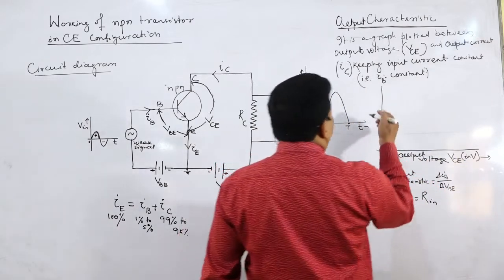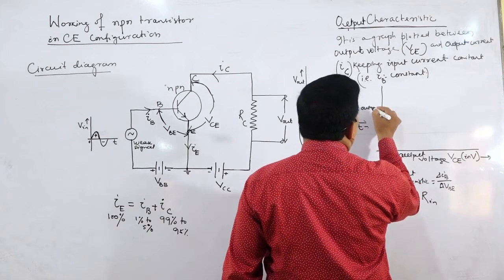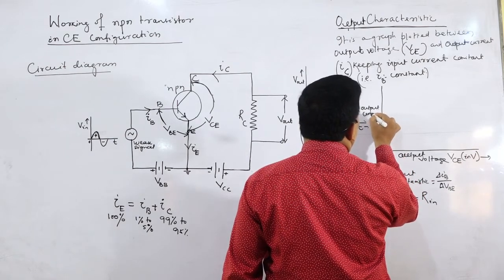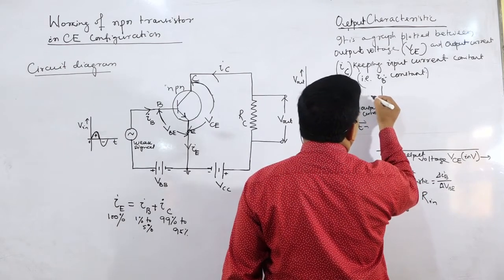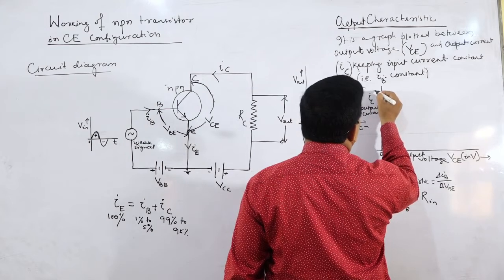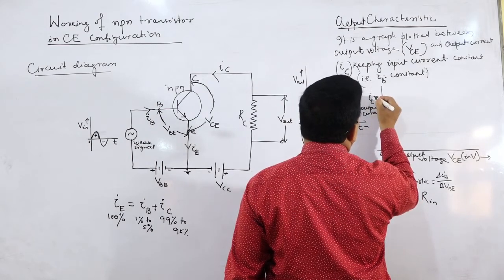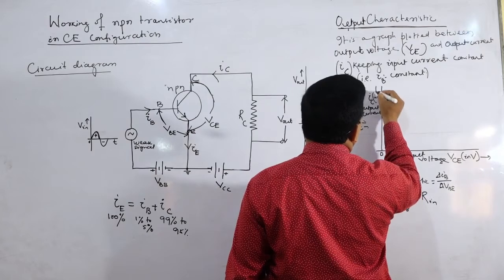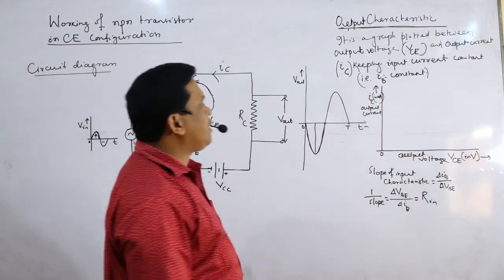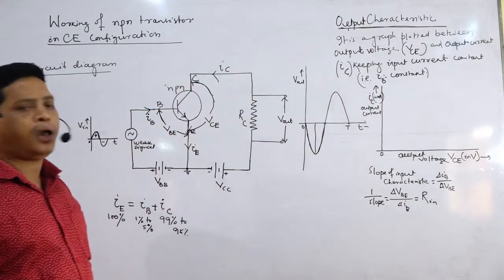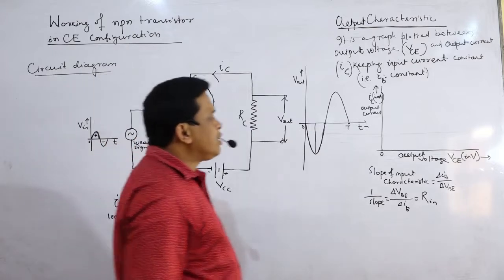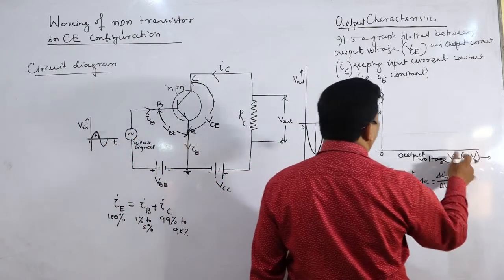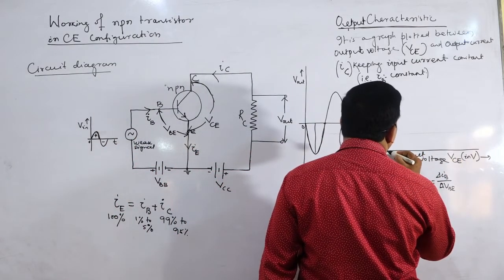And we shall take output current. What is the output current here? Collector current, in milliampere. Output voltage, collector emitter voltage in volt. You will get the graphs like this.